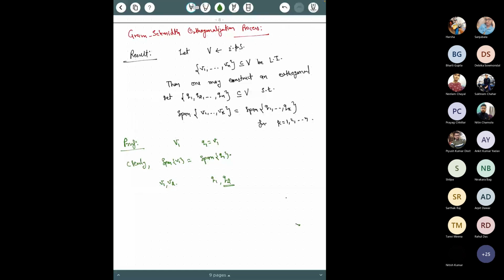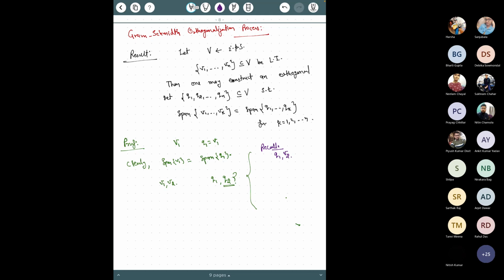We can do this if you recall what we did in the previous observation. From v1 we can generate q1, which is easy. But then we need to generate q2. What we have are q1 and v2.